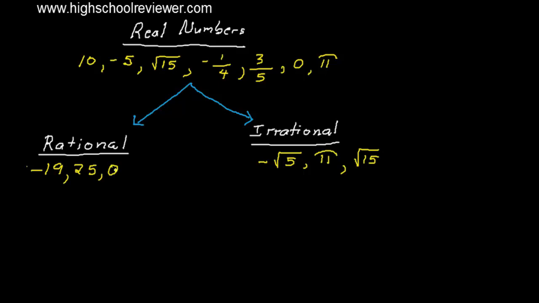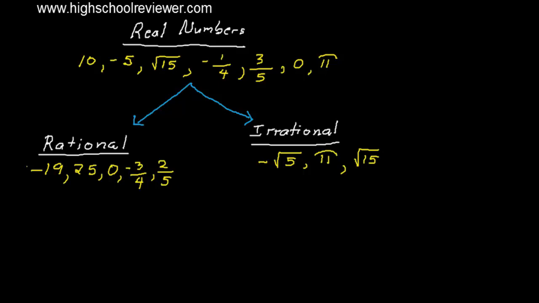The number 0. The negative fractions, an example is negative 3/4. And also the positive fractions, let's say positive 2/5. These different types of numbers are under the rational numbers.